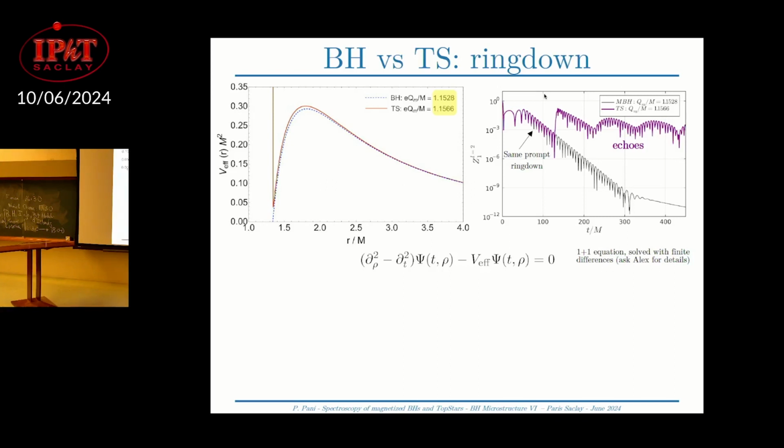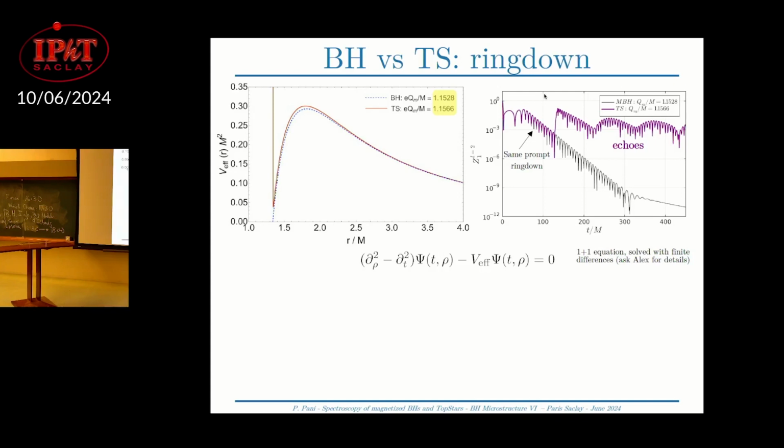We use the time domain also for another reason: in this model we can play with the parameters and have a situation in which the topological star has a very similar charge compared to the black hole. Of course, the mass can be the same, it's just a scale, but we can set the parameters, like in this case here, such that the charge to mass ratio is very similar.